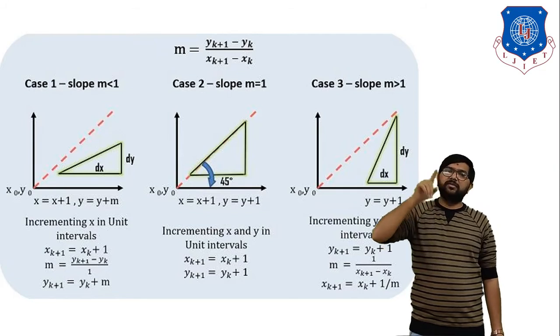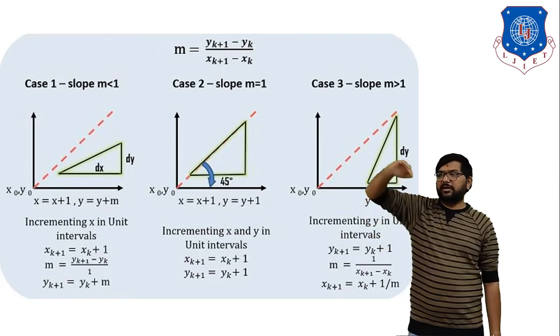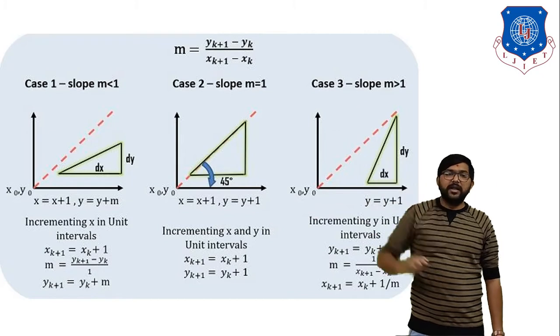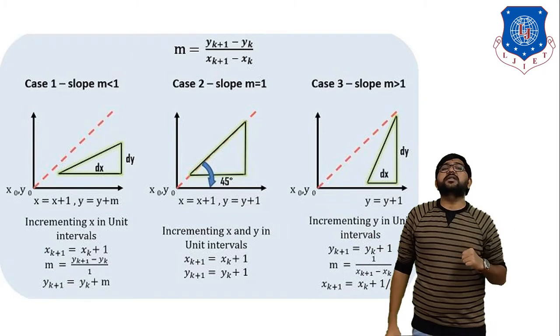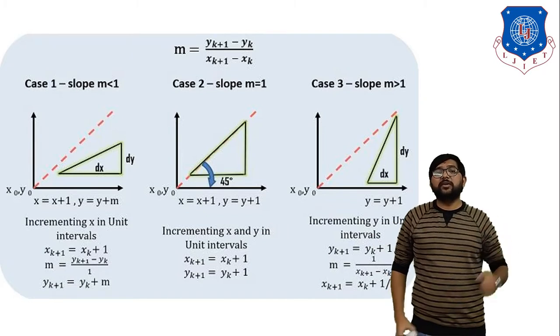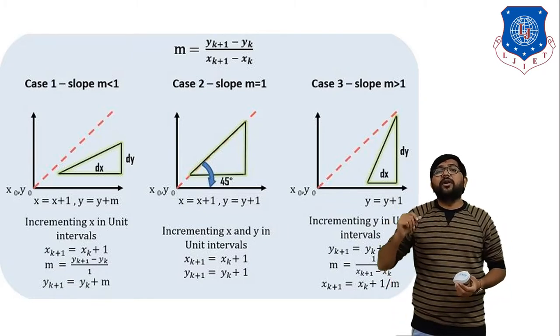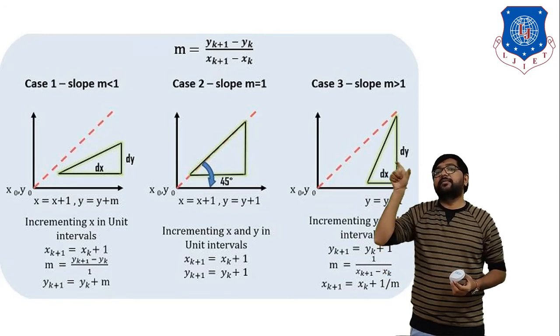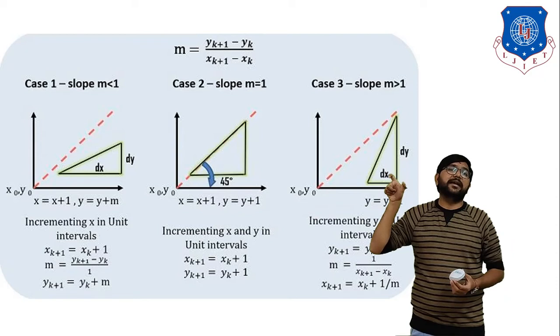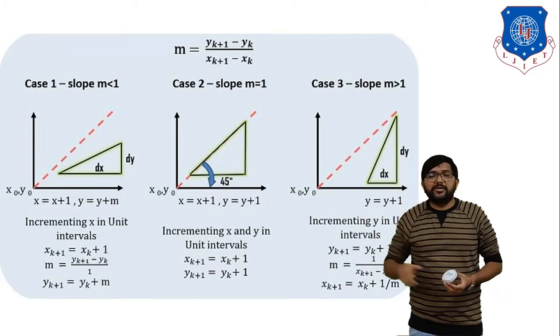Got it? If m is equal to 1, theta is equal to 45 degrees. Now you all know the equation of the slope, that is m is equal to delta y upon delta x, where delta y is the difference of the y coordinates and delta x is the difference of the x coordinates.